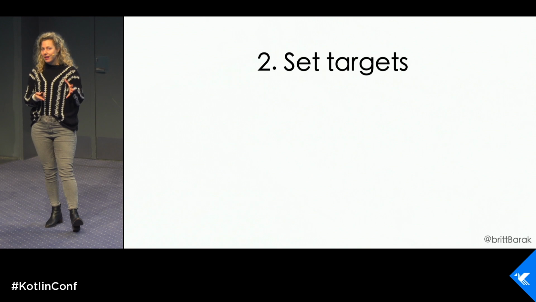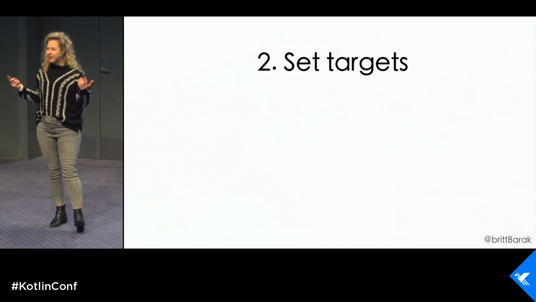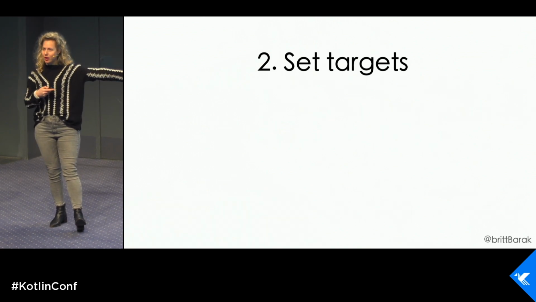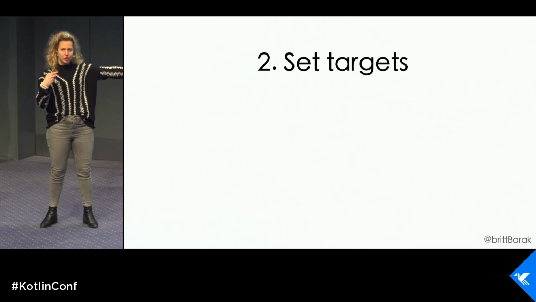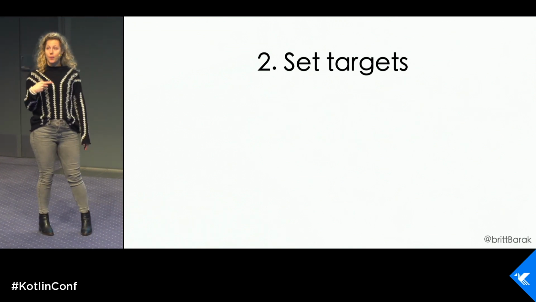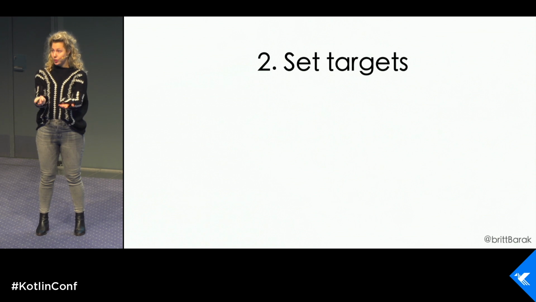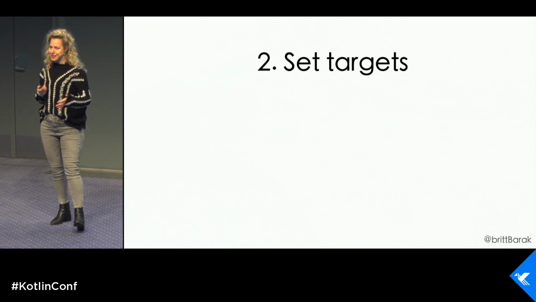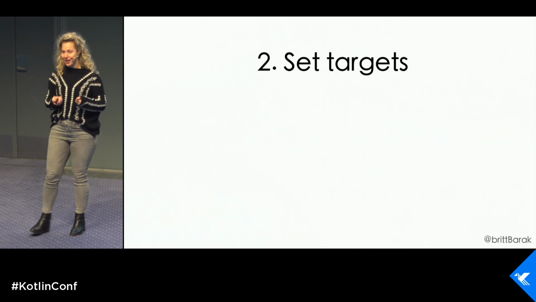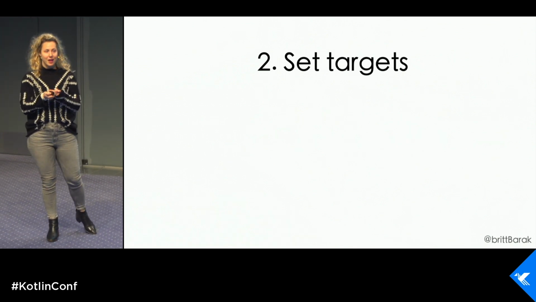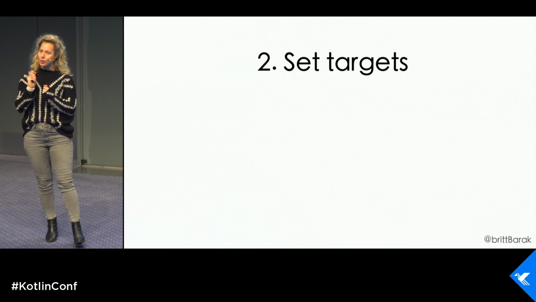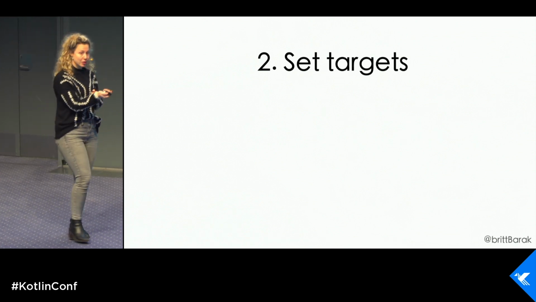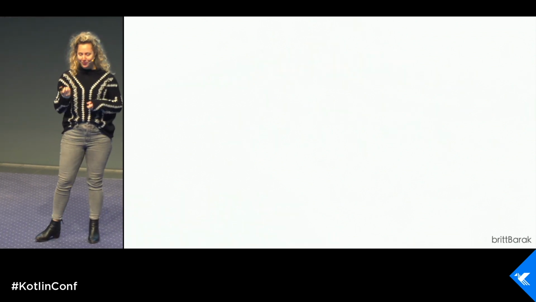And the second thing would be to add the targets. So it's the same targets that we talked about before. We do need to decide which targets we want to run on in order for Kotlin to know what it needs to do, which bytecodes or machine codes it would need to turn into.